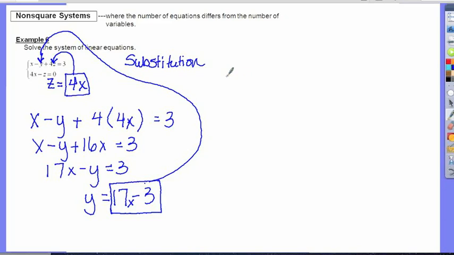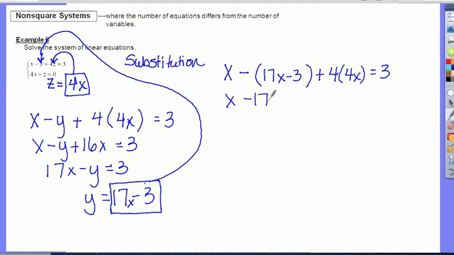So let's go back over here and substitute one more time. So I'm going to have x minus, and in place of this y, I'm going to put what we had for y, so that's 17x minus 3 plus, I'm going to substitute in for z again, 4x equals 3.